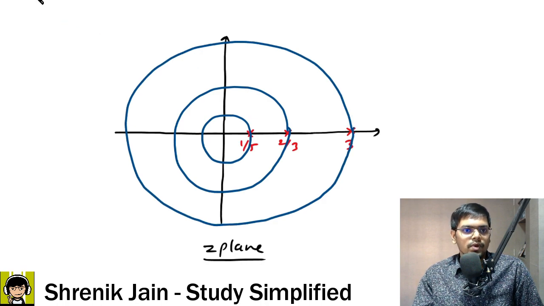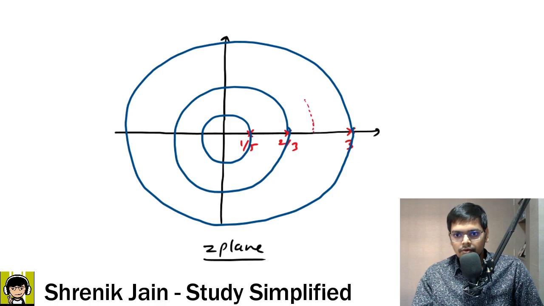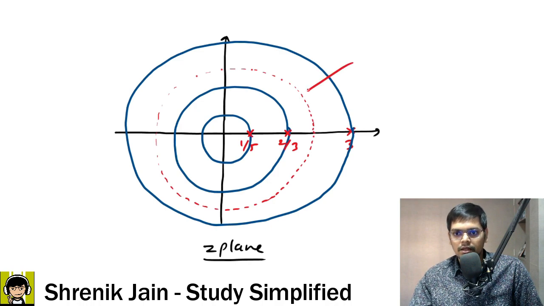So where is the unit circle? The unit circle is somewhere here, I'm making it dotted so that you get the idea. If our region of convergence includes the unit circle, then our DTFT converges. So this is the unit circle.